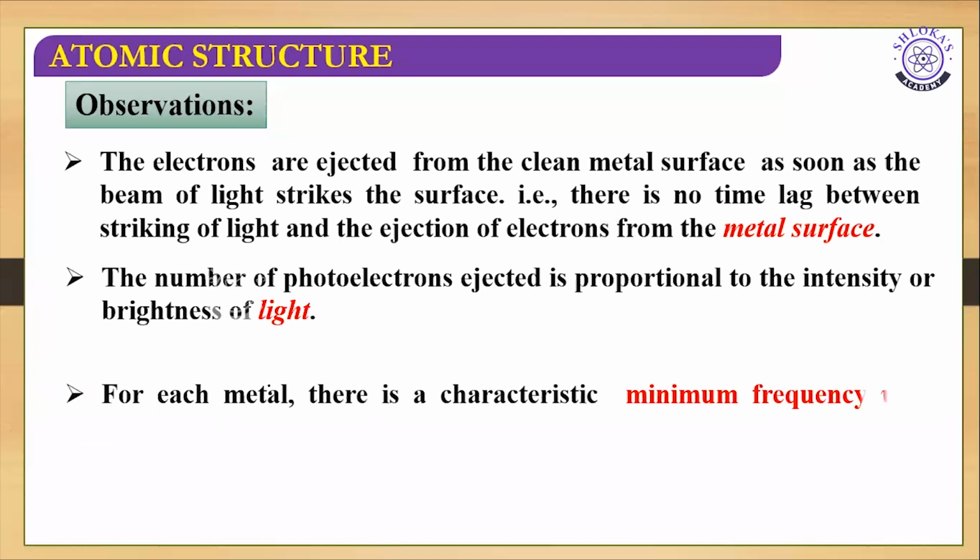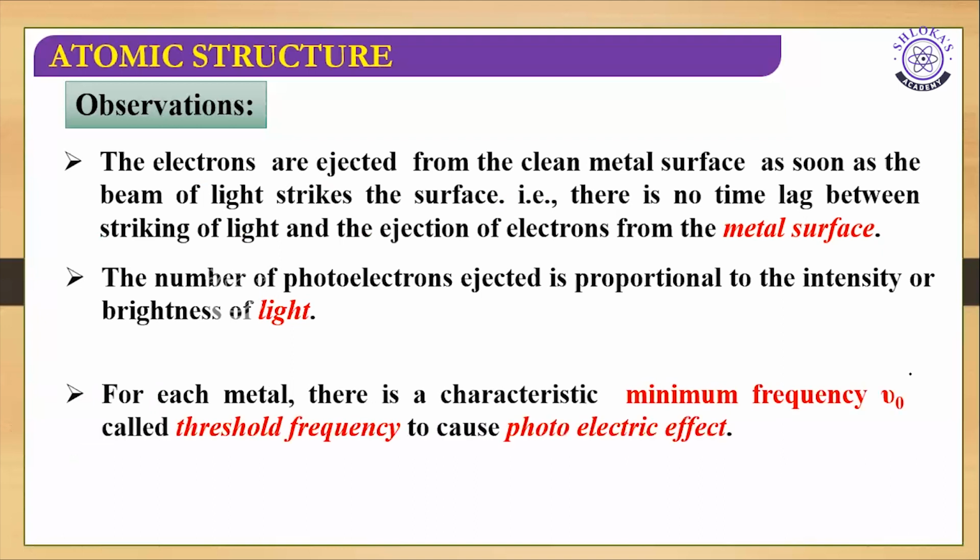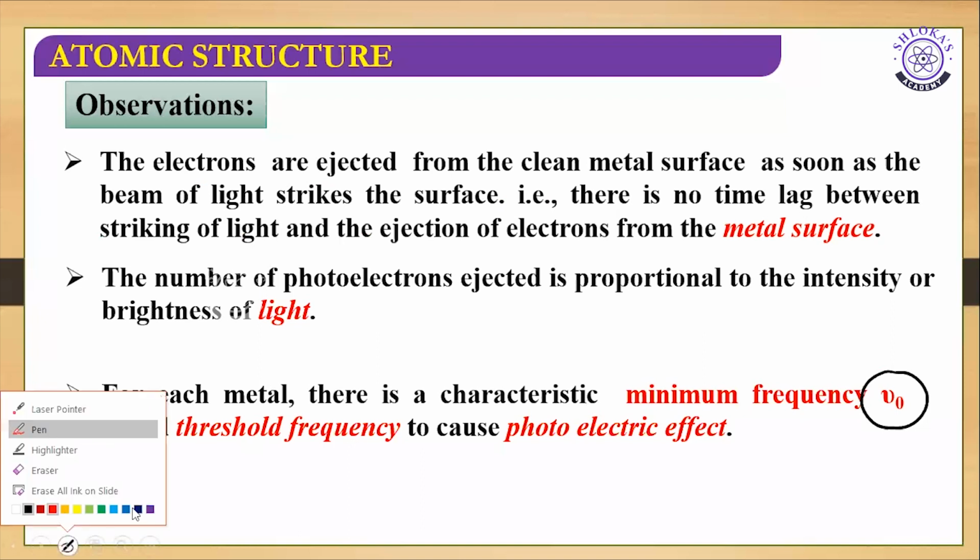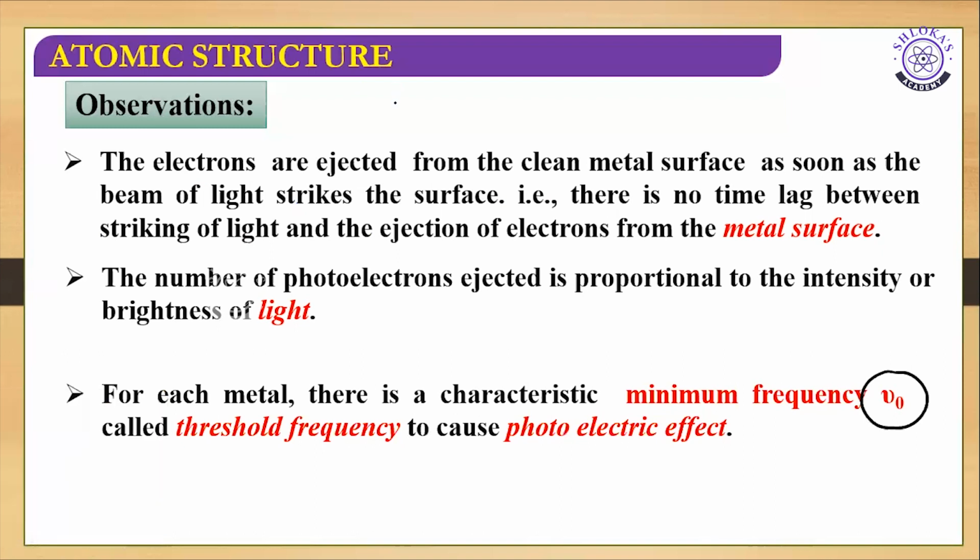For each metal there is a characteristic minimum frequency nu naught, called threshold frequency, to cause the photoelectric effect. What is this threshold frequency? Let me explain. For example, let me take examples of metals: potassium and cesium, only two.